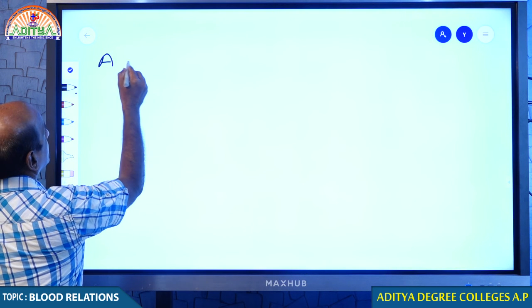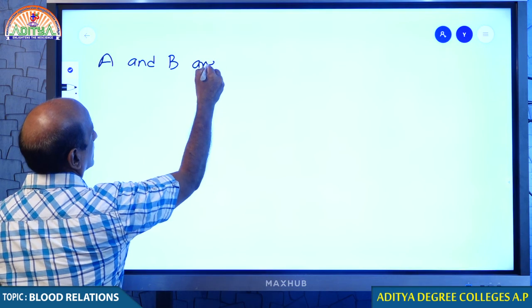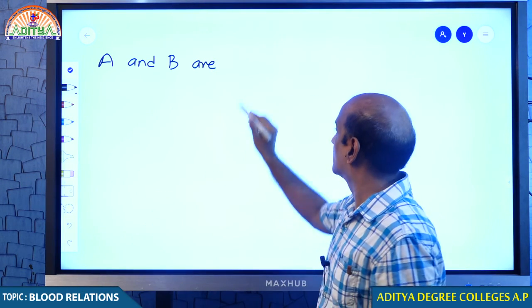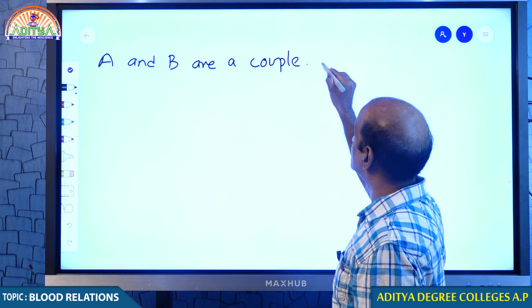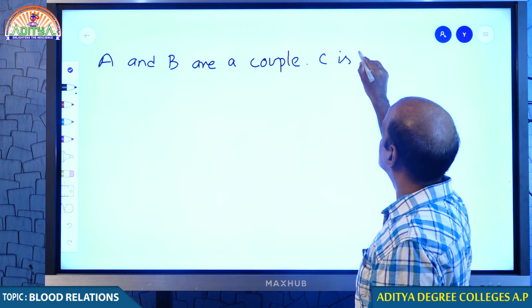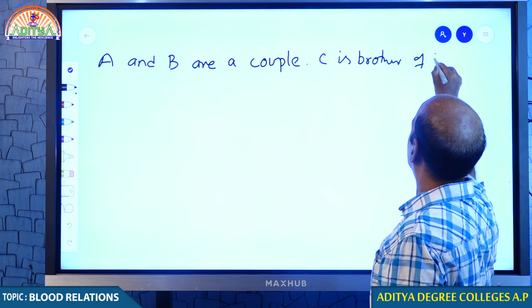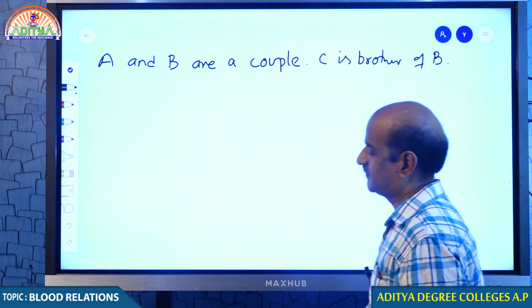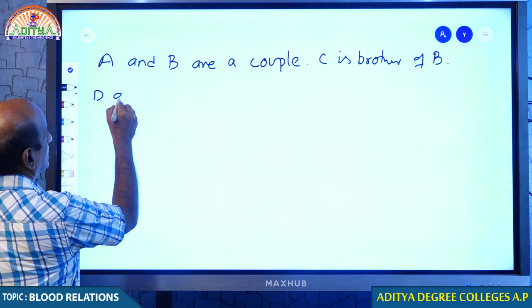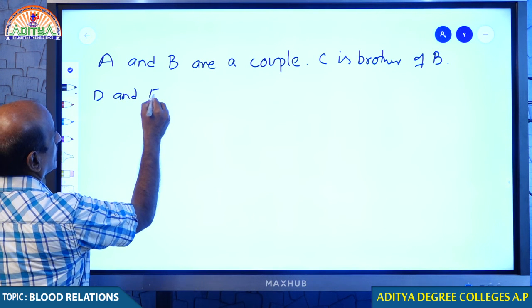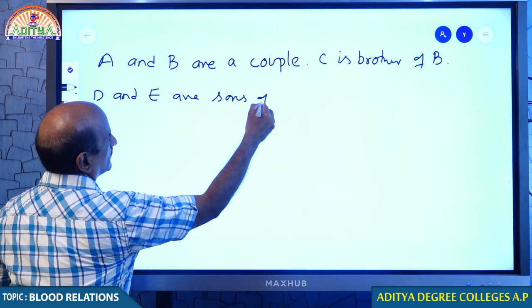Students, please write down. A and B are a couple. Ready, students? C is brother of B. Come on, students.